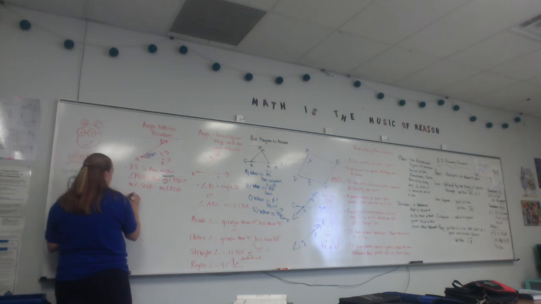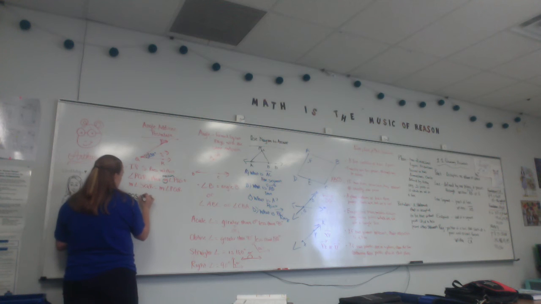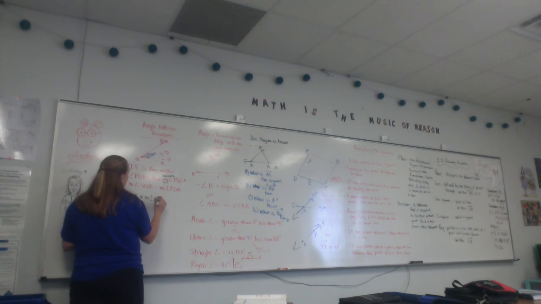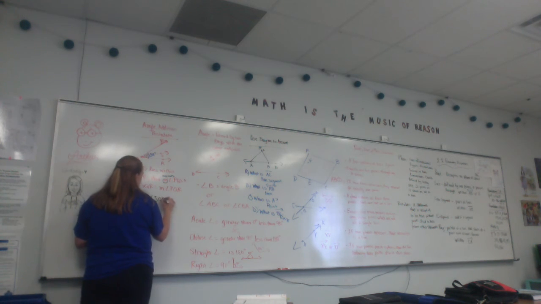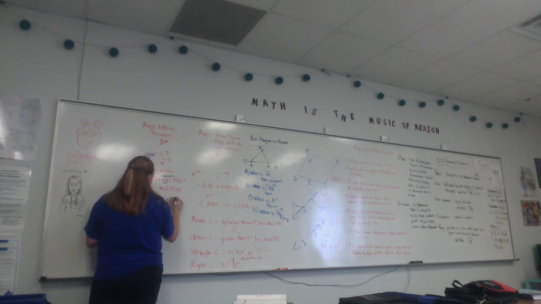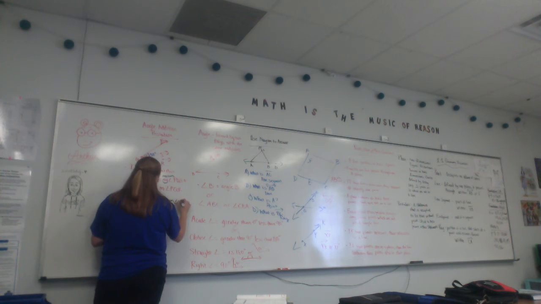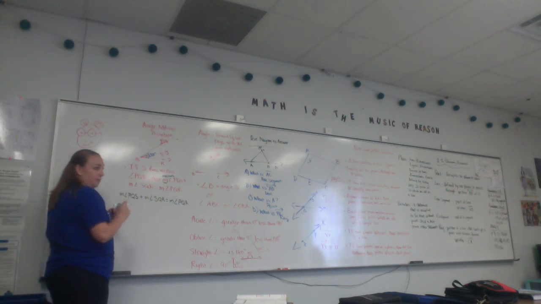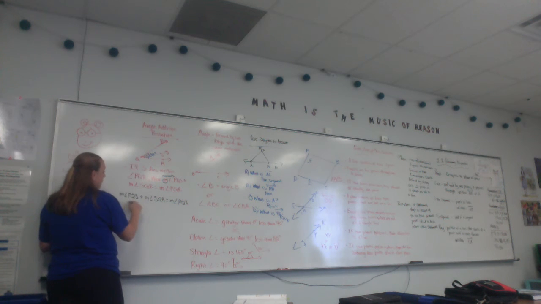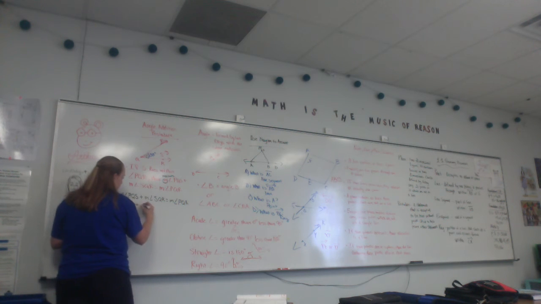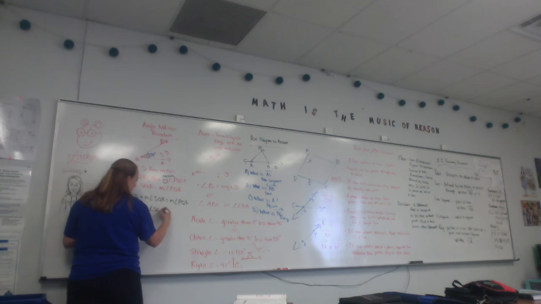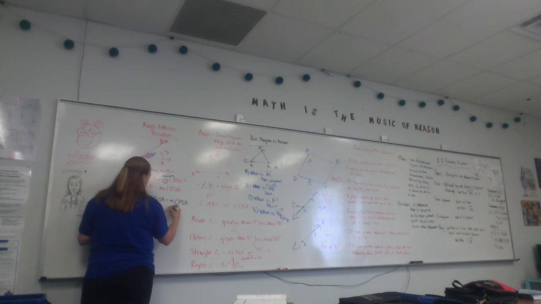So that means I would say the measure of angle PQS plus the measure of angle SQR equals the measure of angle PQR. I would then substitute numbers in that I can. So 22 degrees is this angle. So 22 degrees plus the measure of angle SQR equals 38 degrees.